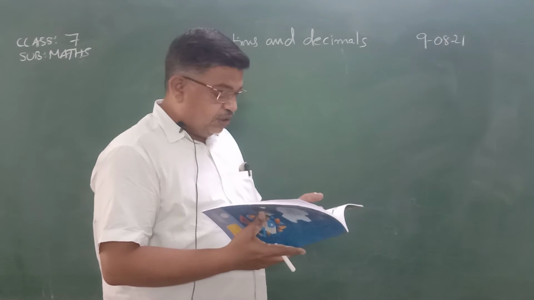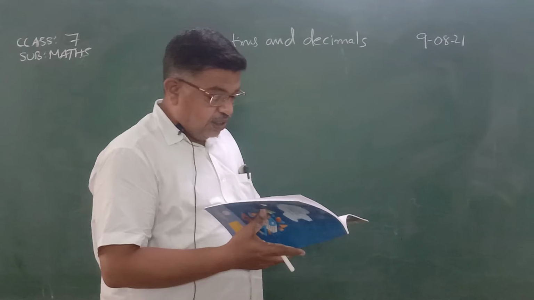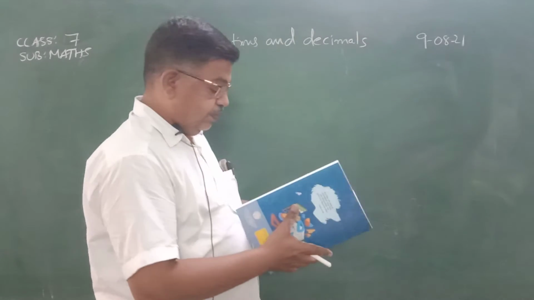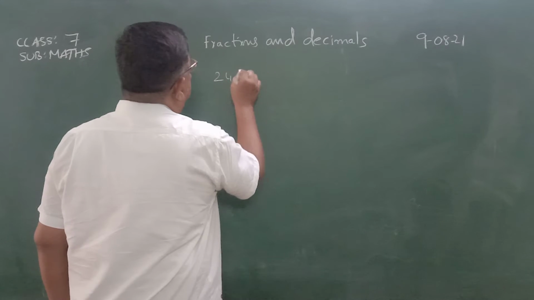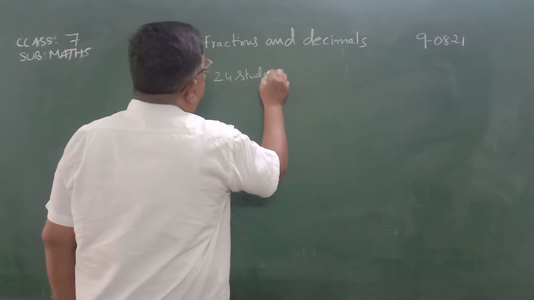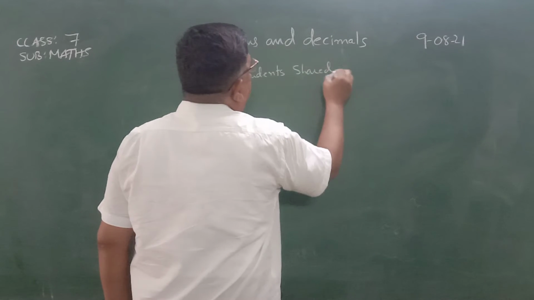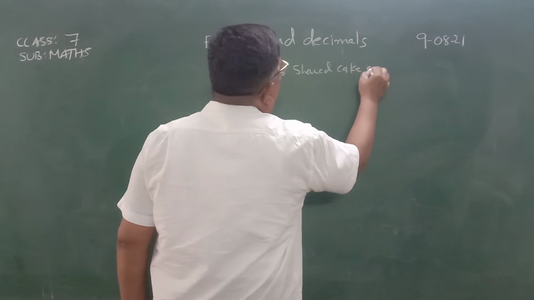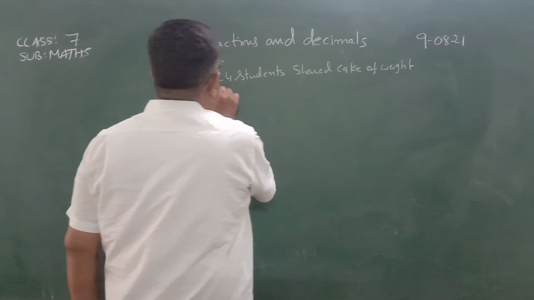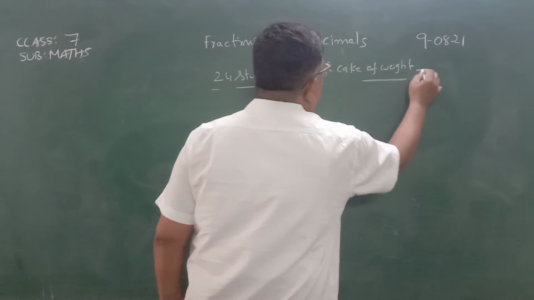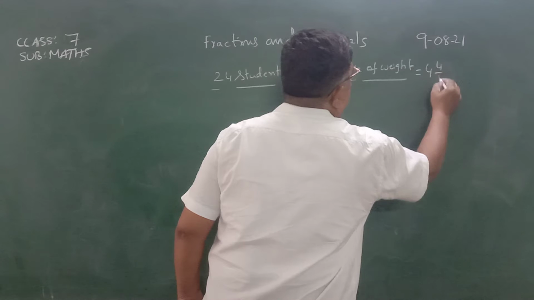If 24 students share 4.5 kg of cake, then how much cake does each one get? 24 students share a cake of weight 4.5 kgs.